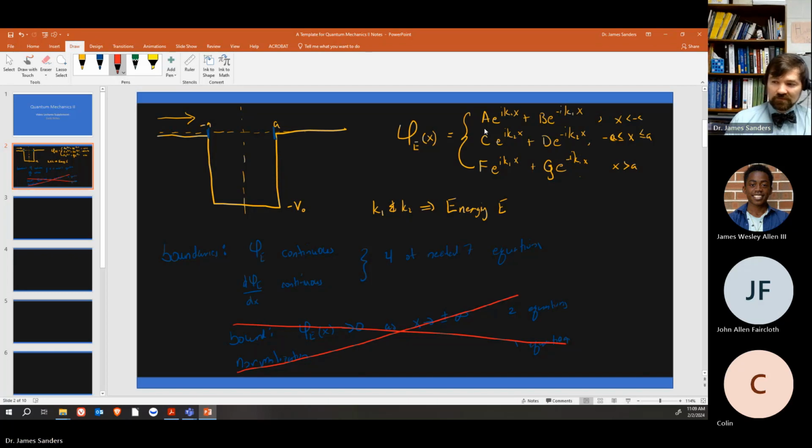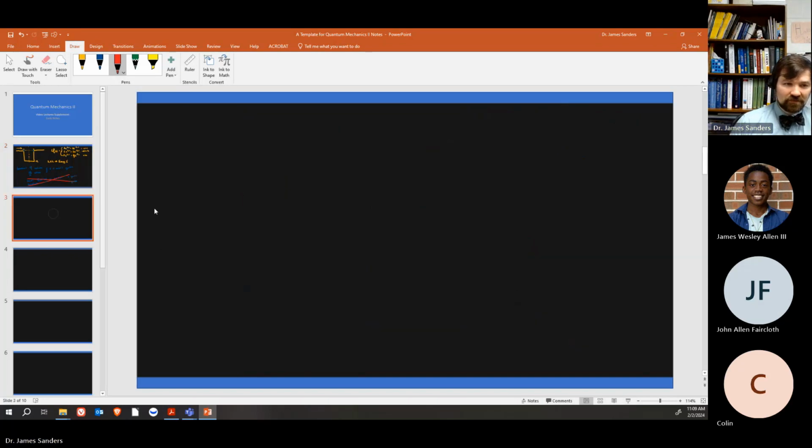So what does this mean? Absent the normalization condition, we know E is now continuous. I've said that before. And so for these scattering states, you have a continuous spectrum of scattered signal, essentially.